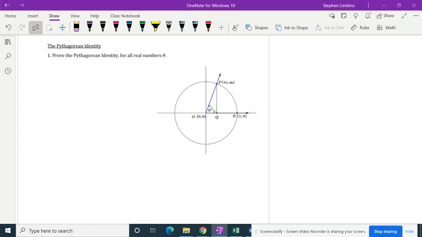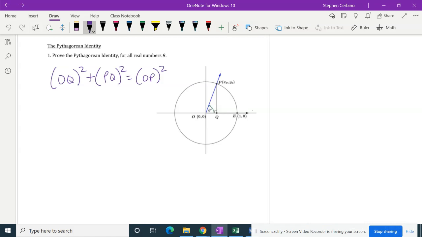If we wanted to do Pythagorean theorem from just that triangle, I'd say the segment OQ squared plus the segment PQ squared would be equal to the segment OP squared. That's true no matter what the segment lengths are.